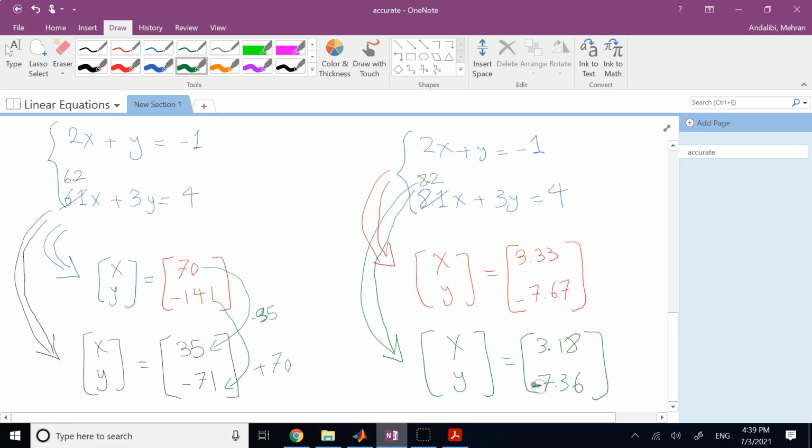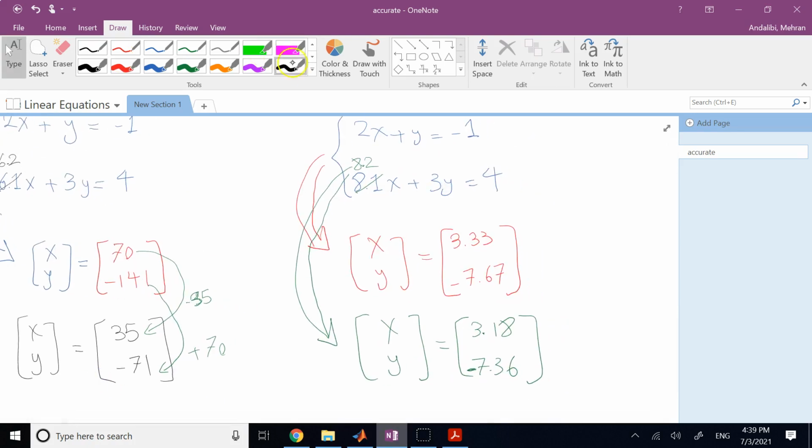Now look. This one has only changed by negative 0.15, and this one has changed by about positive 0.31.